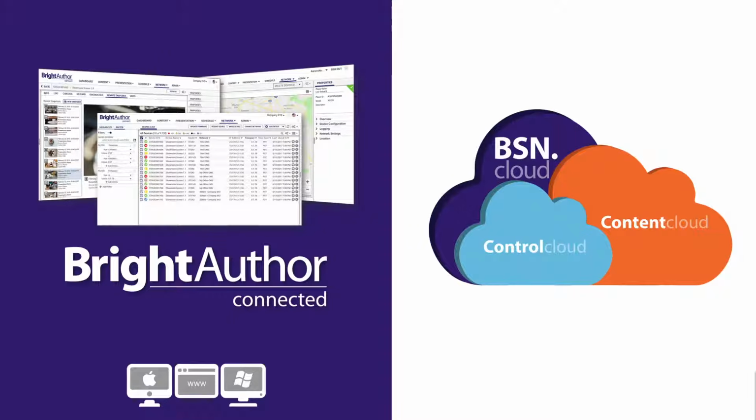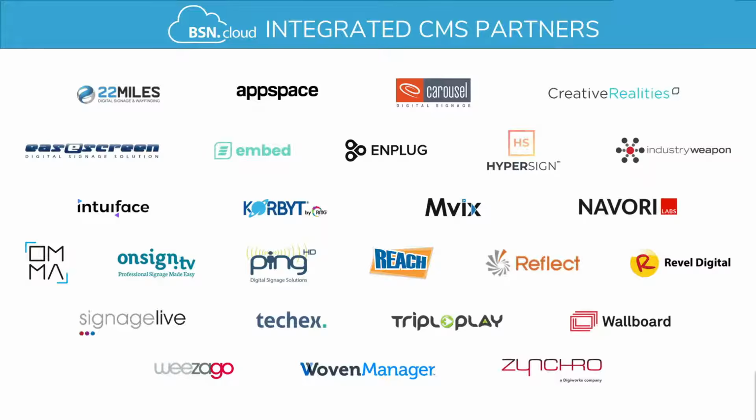So if you were to pay the subscription and make use of that, then you have the ability to store your multimedia content in the cloud and have access to that content to your players and to build out your presentations. But like Matt said, you're not restricted to using it. That's an option. You can choose to use ours and you can make use of it in BrightAuthor Connected quite seamlessly. CMS partners is a very cool feature that we have.